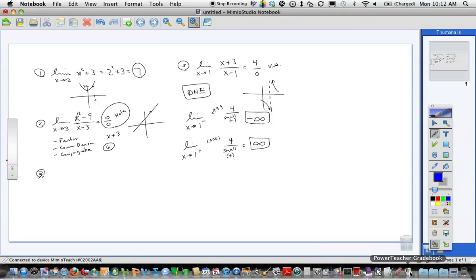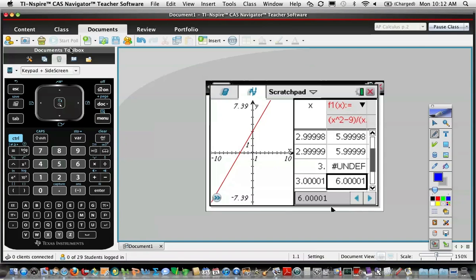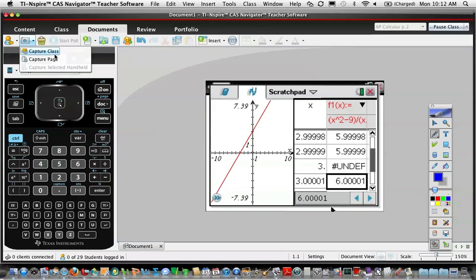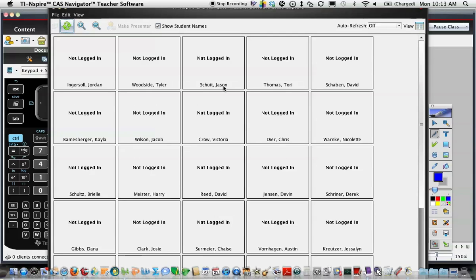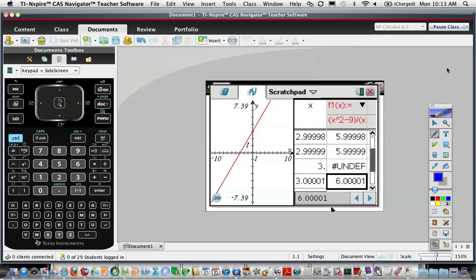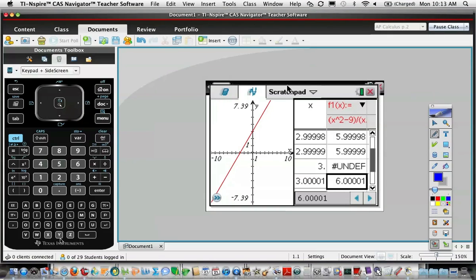Okay, let's do the graph. Somebody got this graphed already? Surely somebody's got a graph already. You got a graph? Okay. You're the presenter. Nobody logged in? I tried, but it won't let us. I wonder if that's because I didn't start.